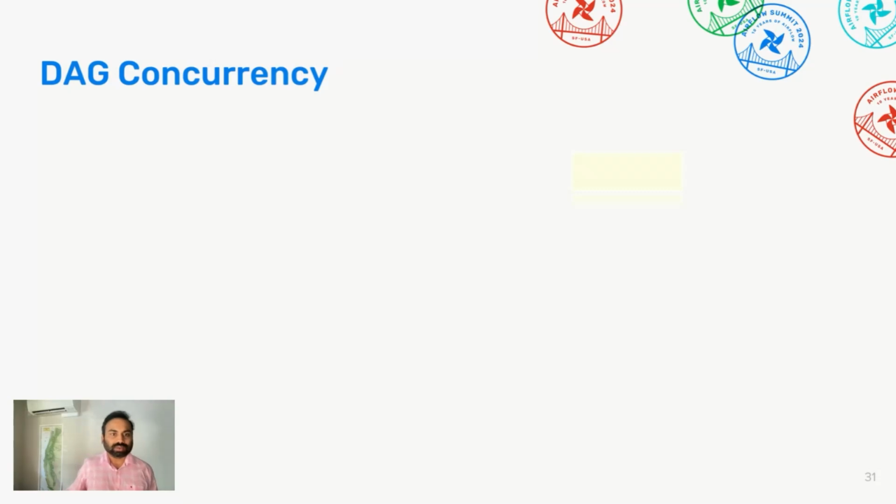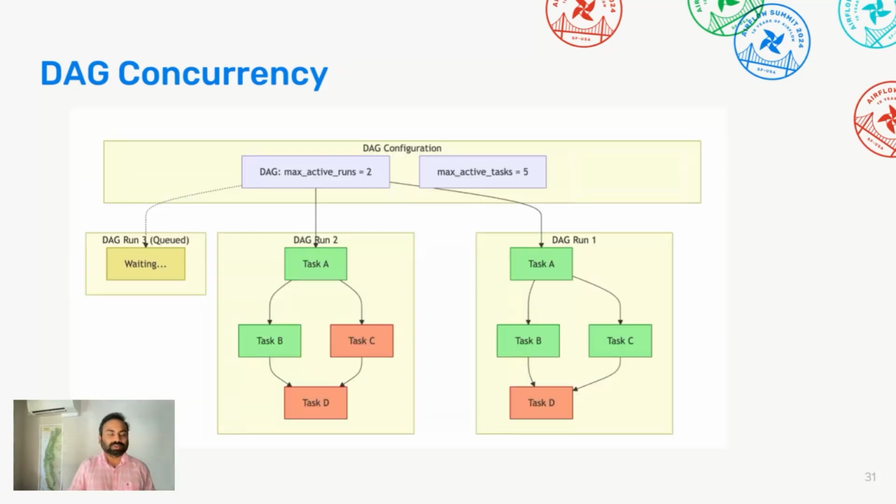Last but not least, let's look at an example of DAG concurrency. So now we have looked at different ways of running tasks in parallel, improving parallelism, dynamic tasks, and different things. Even after defining this, it's important to control the concurrency of our DAGs.